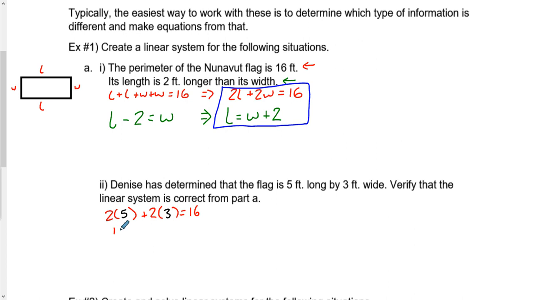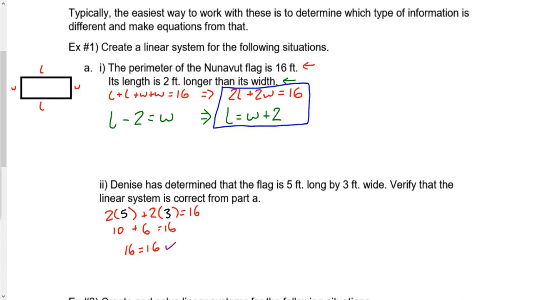Well, 2 times 5 is 10. 2 times 3 is 6. Does 16 equal 16? Fantastic, we're good. Or if we talk about our length equaling width add 2, we could obviously use these other equations over here because these are still good.